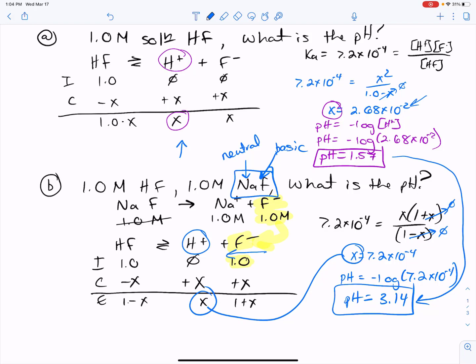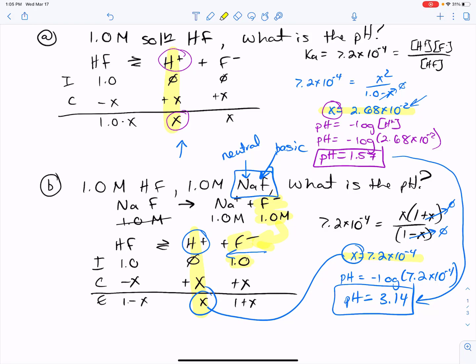And that's the important part, because in this case, our X is a whole lot smaller. Look at these values. X here is 10 to the negative 2, whereas this X is 10 to the negative 4. You better believe it shifted left. There is less hydrogen being created than was originally. And so that's how Le Chatelier's principle plays into that.